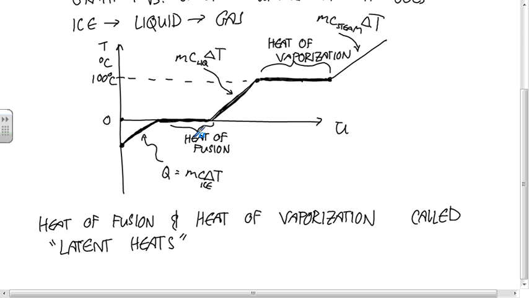So when you go from, let's say that you have a material right here. What's the state of the material here on this graph? What would this point be? So it's ice over here heating up until it's ice at 0 degrees.